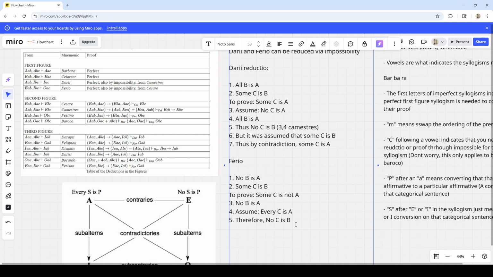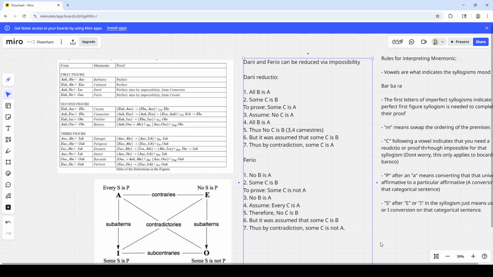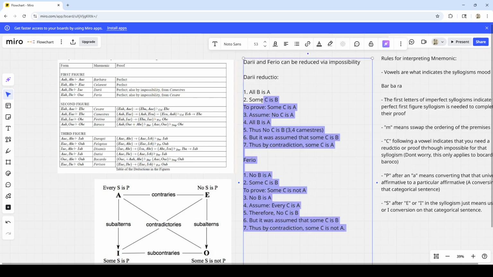And then we conclude that no C is B, but it was assumed that some C is B. Thus by contradiction, some C is not A, right? The whole reason the proof follows is that if we assume the negation of the conclusion, and show that the negation leads to an impossibility, it indirectly proves our desired conclusion. So, there you go, and that's how you prove Ferio and Darii via reductio ad absurdum.